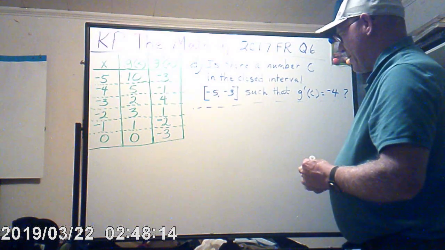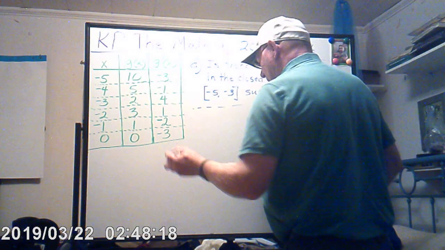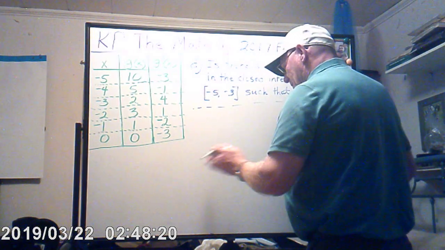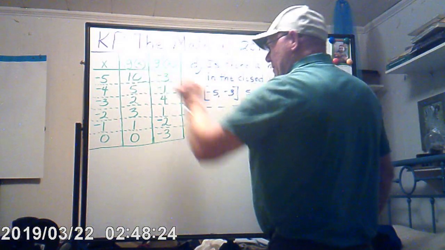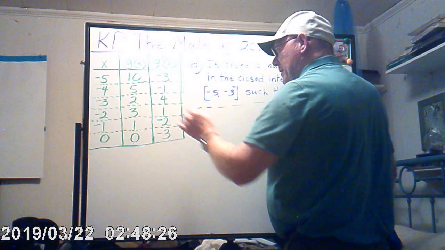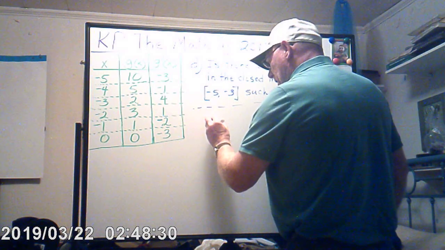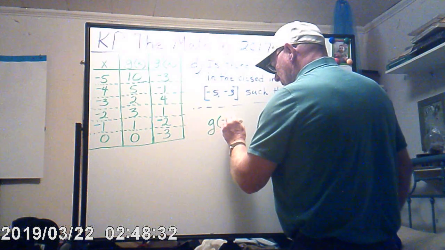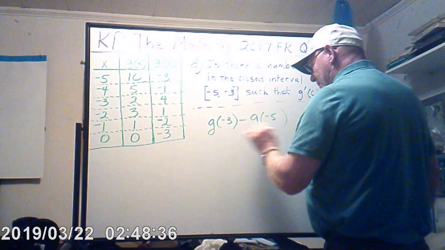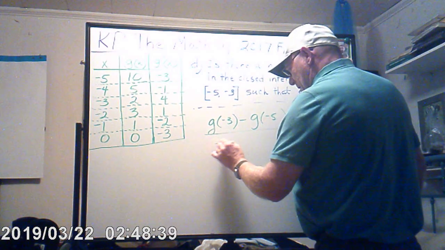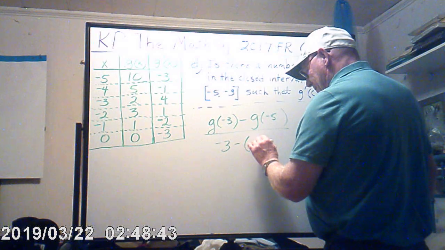So what do we got to do? Well, according to the definition, we're looking at g at -3 minus g at -5, over -3 minus -5.